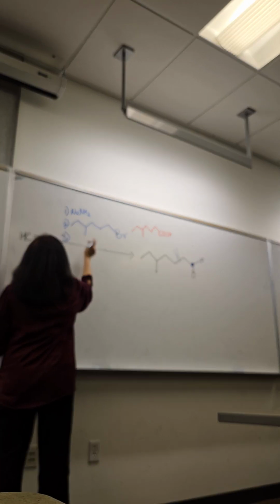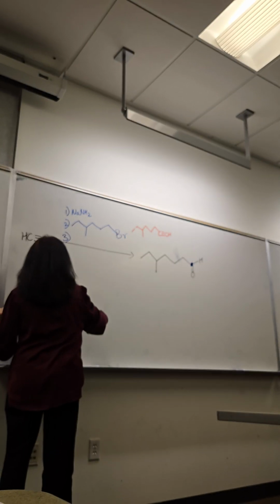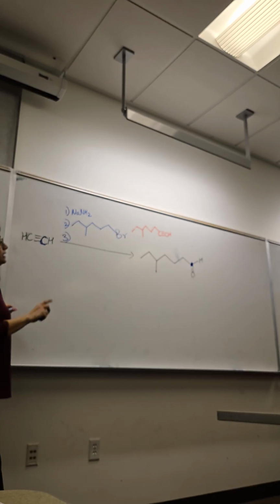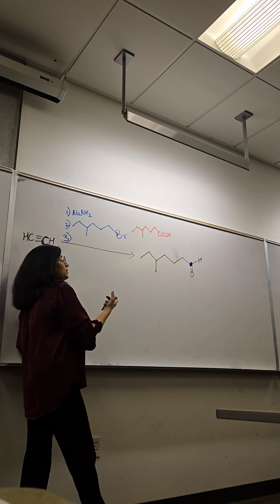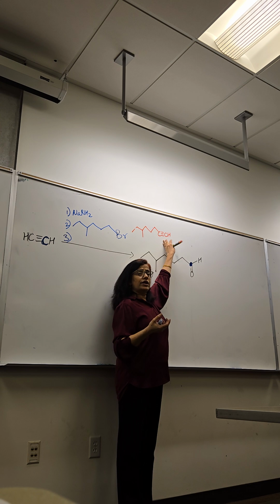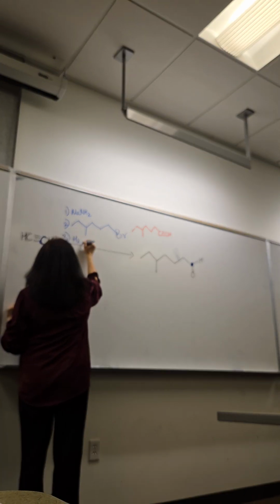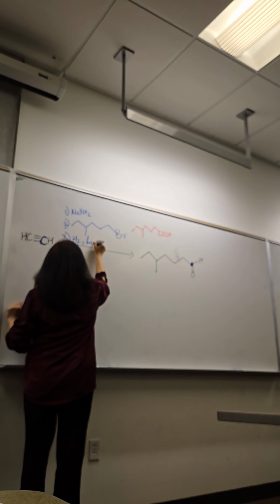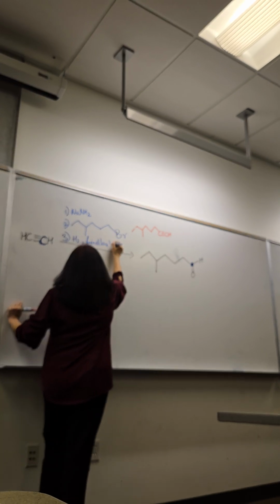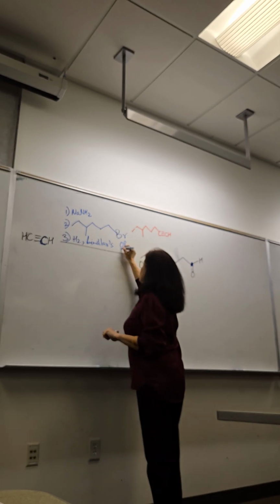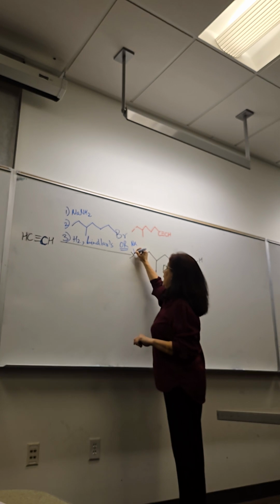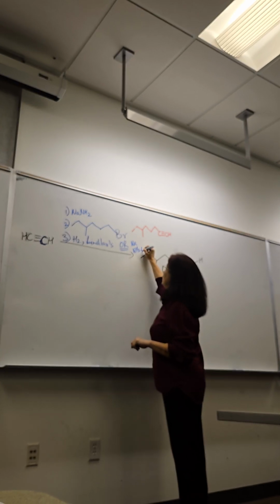Using what? Lindlar's catalyst. In this case, does it matter whether the alkene is cis or trans? No. So you can use either. You can either use hydrogen with Lindlar's catalyst, or you can use the dissolving metal one with sodium and liquid ammonia. Either is fine because there is no E or Z there.